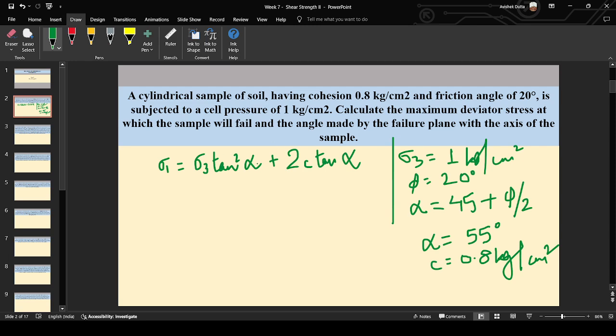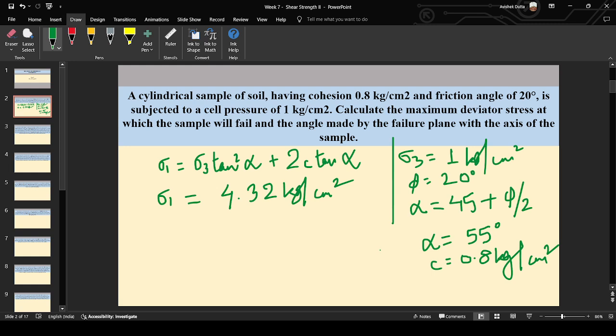We get the value of sigma 1 as approximately equal to 4.32 kg per centimeter square. Okay.